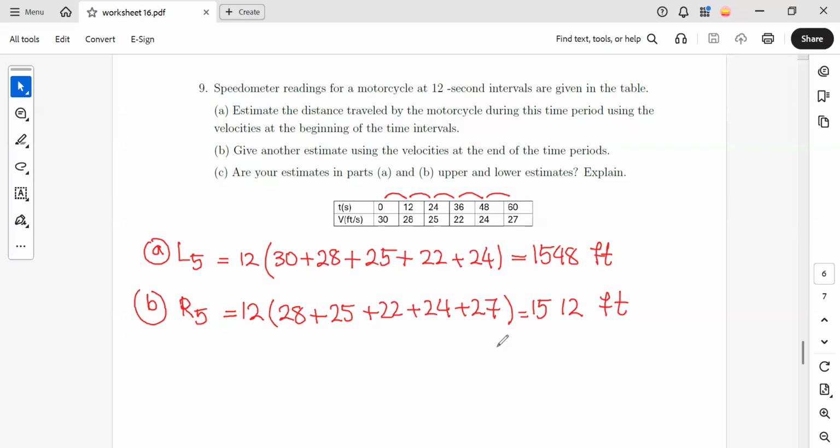The estimates here are neither lower nor upper estimates, because if you take a look at v, it goes down, down, down, and then up, and then up. So it is neither increasing nor decreasing. So we cannot say that we had overestimation or underestimation here.